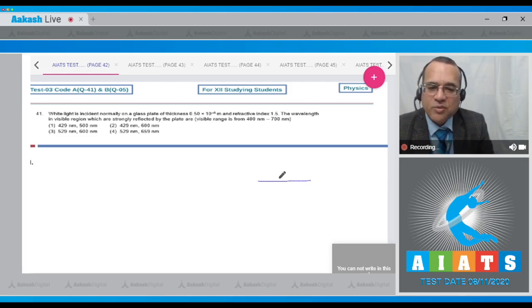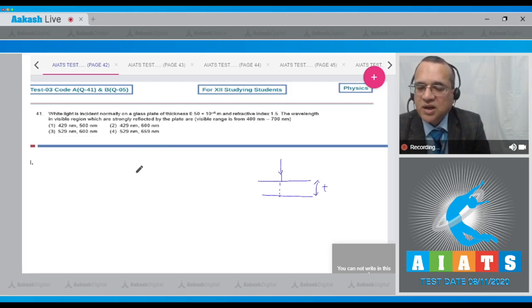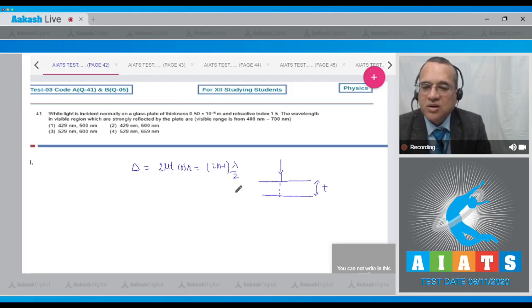The light is normally incident on this plate, and the light will reflect from the bottom, and due to the path difference, we know the equation: the path difference 2μt cos r in reflection is equal to (2n − 1)λ/2.